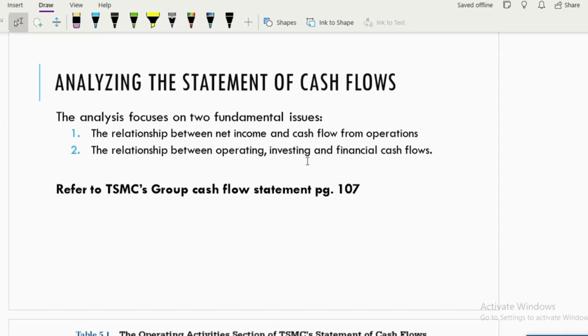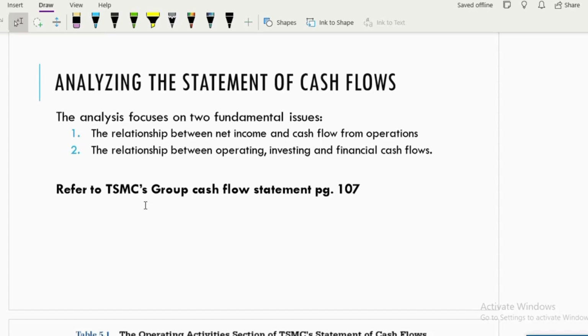And also we need to find out the relationship between operating, investing and financing cash flow, because a company generates its main cash from its operations, and then that cash is invested in assets to earn more profit. Financing activities are for support, but if you have enough operations, you don't need to borrow, you just need to maintain your operations. So comparing these three activities is also important for us.